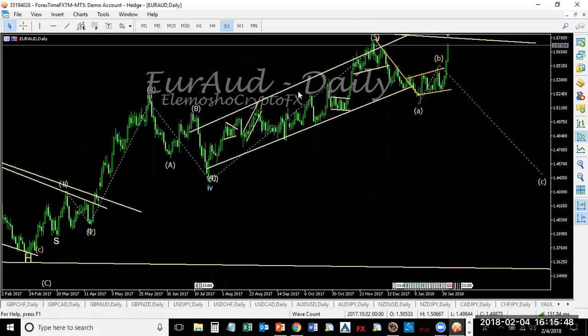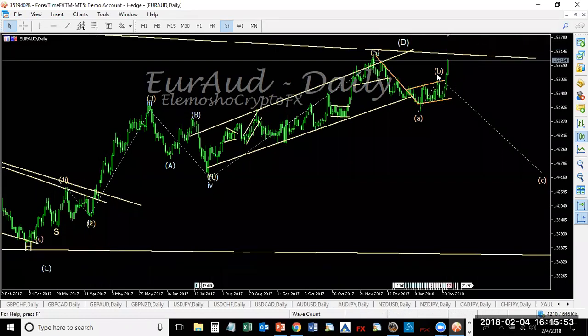Now for Euro AUD. You remember that this was where I placed the B before, but now we are having something that looks like a deep correction. So right here, this is where the B should end before we now have this C down.